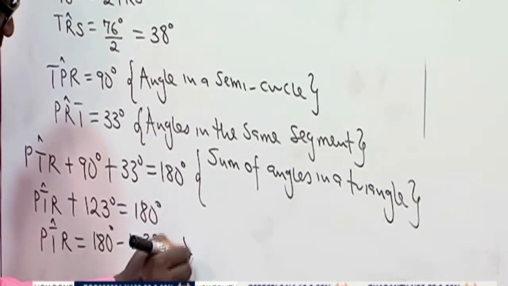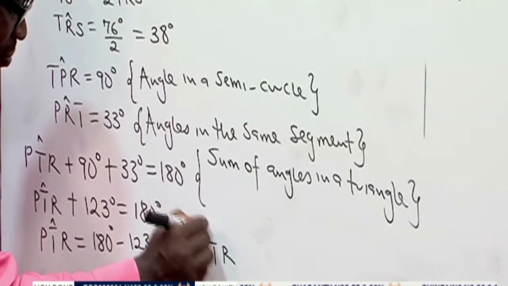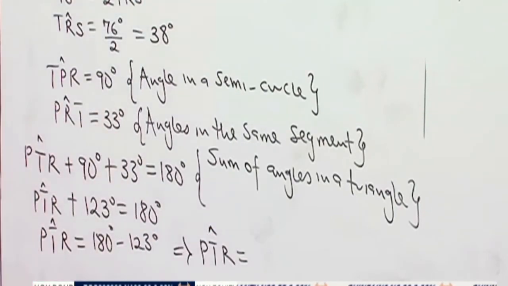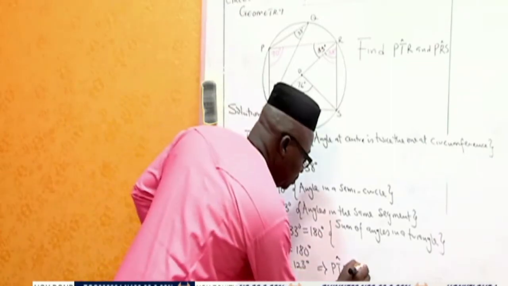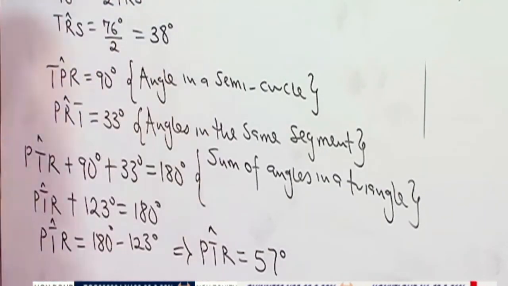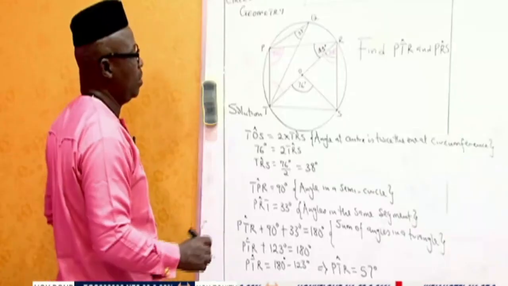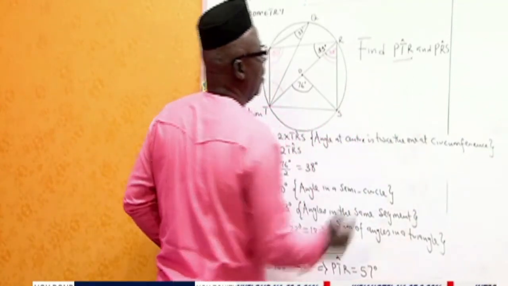And that implies that PTR is going to be 180 minus 123 is 57 degrees. So we have answered one of our questions, PTR.